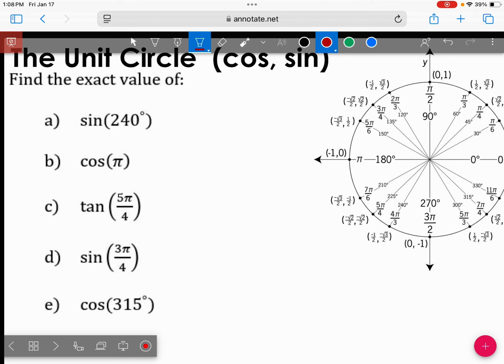All right, what did we get for A? What's the sine of 240 degrees? -1/2 or -√3/2? All right, good. What about the cosine of pi? -1? Who got -1? All right, the tangent of 5 pi over 4.